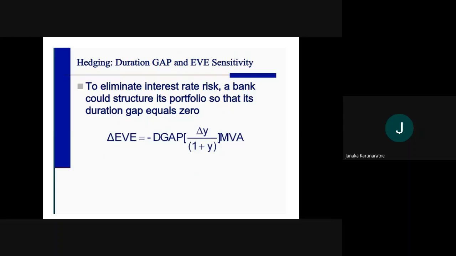I think with convexity it's a little different. So the change in the value of equity equals minus duration gap times delta Y divided by 1 plus Y times market value of assets. Remember, this is what we did.